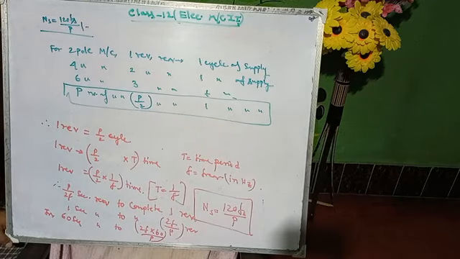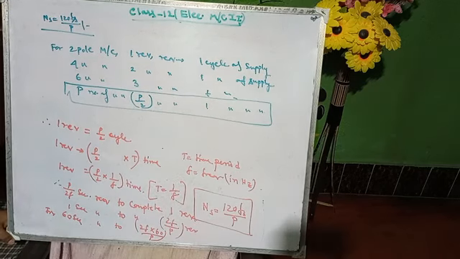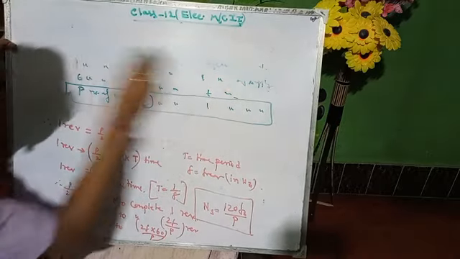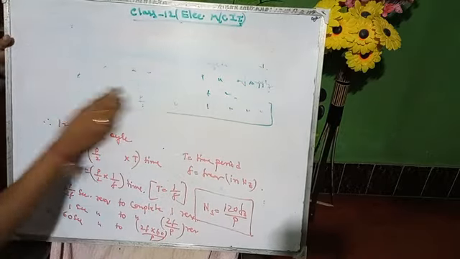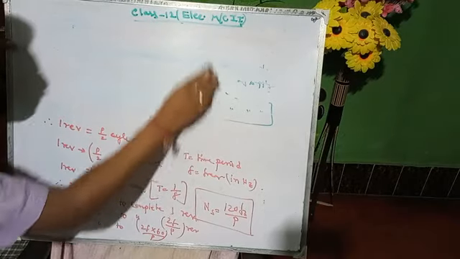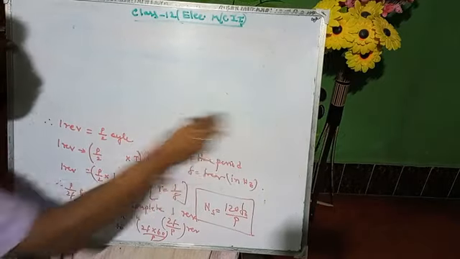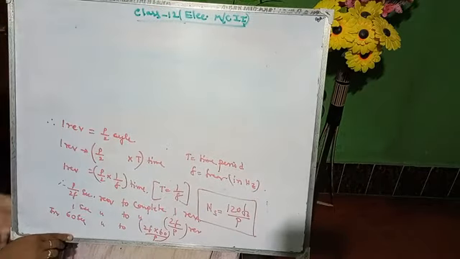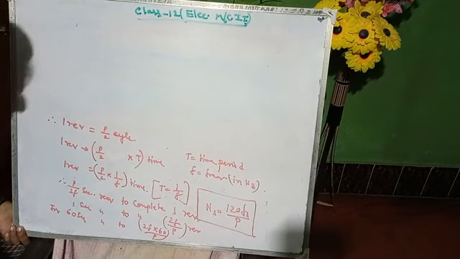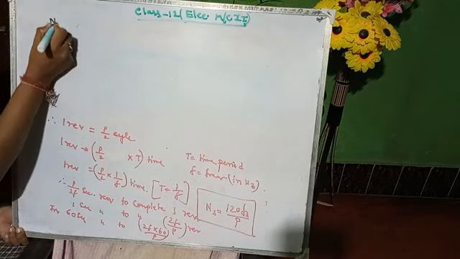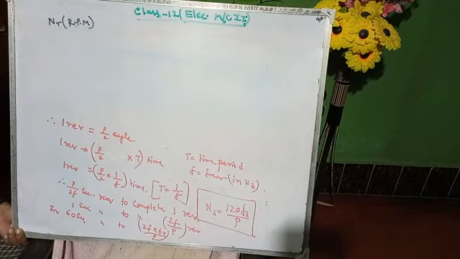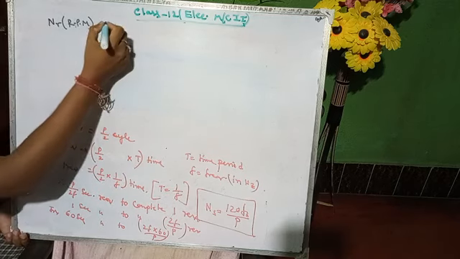Now I will start the next topic. For a 3-phase induction motor, the rotor speed Nr, in RPM, is always less than Ns.